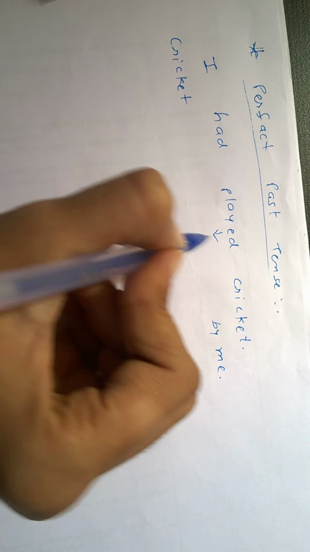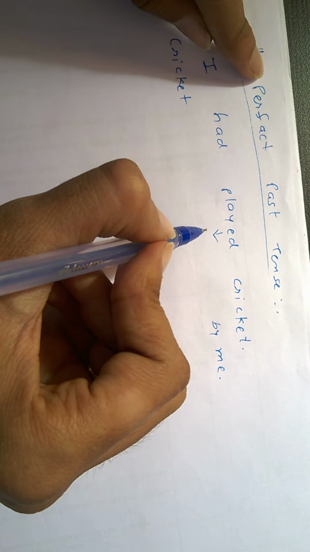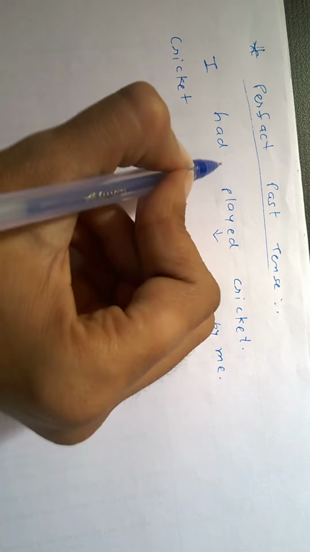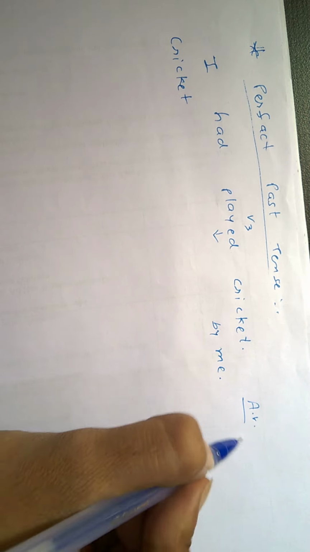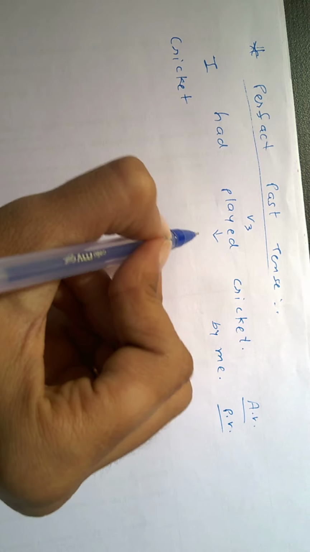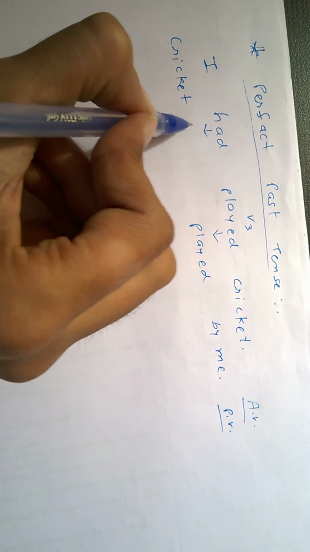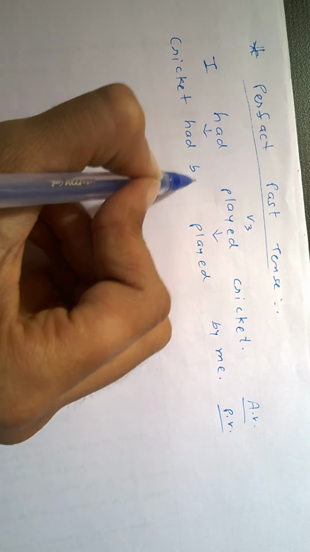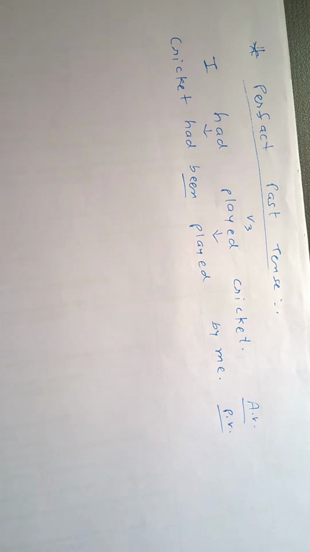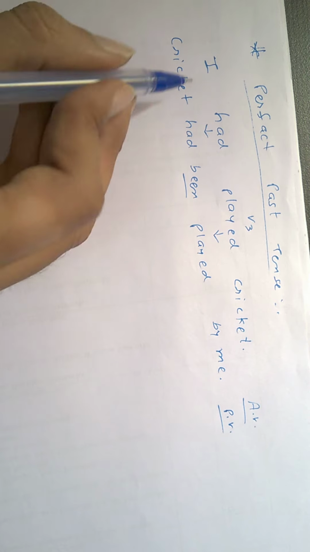Now we will put first the V3 form, and as we saw in past perfect tense or in present perfect tense we already use the third form in active voice. So again we will use the same in passive voice. Then we will put the to be, the same as had, and we will put here been. So this is the passive voice of past perfect tense.